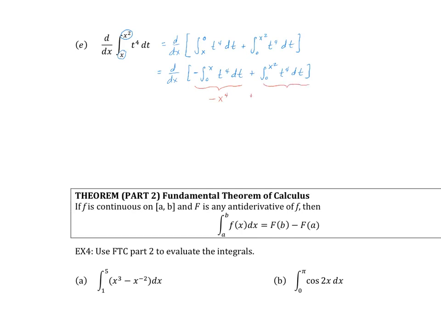This second piece here, we found previously to be 2x to the 9. So this simplifies into 2x to the 9 minus x to the 4th. I don't like the negative first. That looks nicer to me.